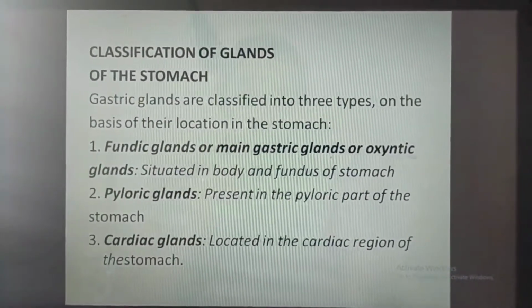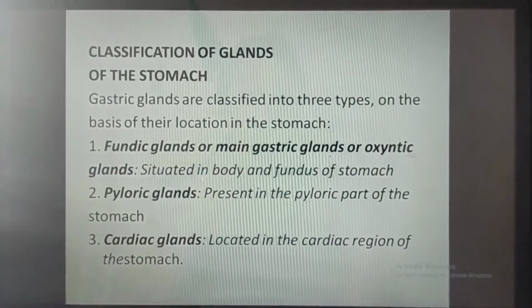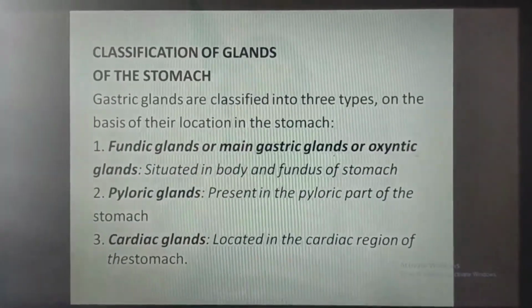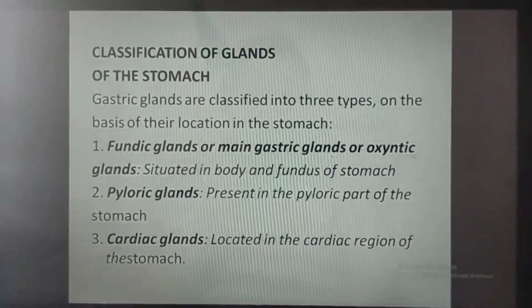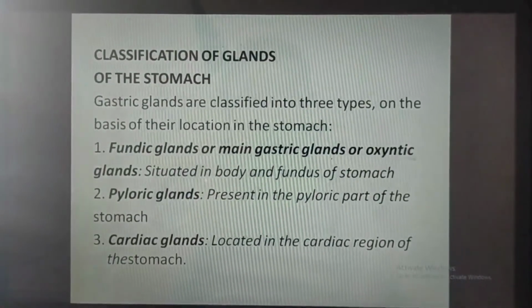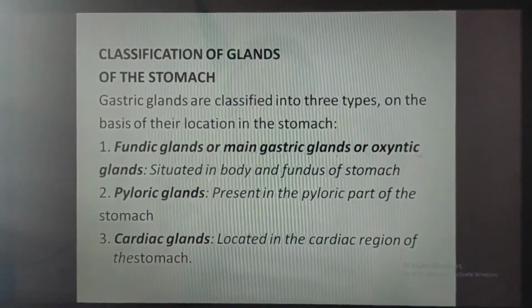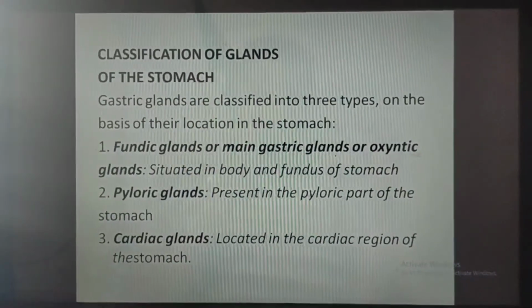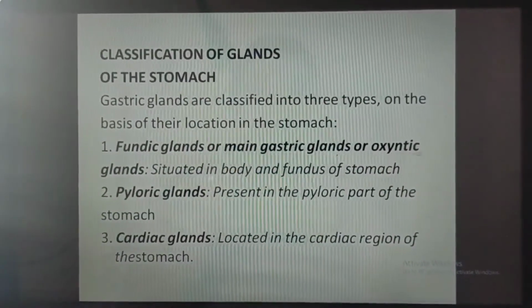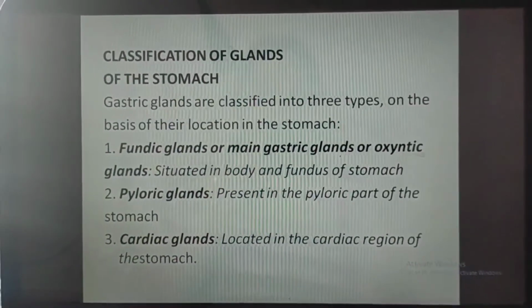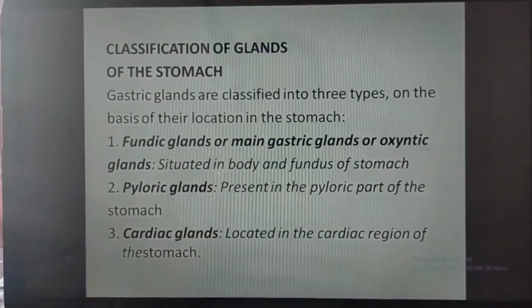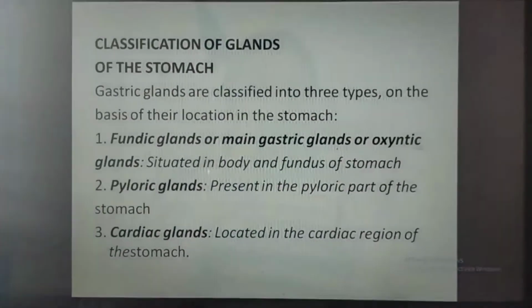Gastric glands are classified into 3 types on the basis of their location in the stomach. First are the fundic glands or main gastric glands or oxyntic glands, which are situated in the body and fundus of the stomach. Pyloric glands are present in the pyloric part of the stomach, and cardiac glands are located in the cardiac region of the stomach.